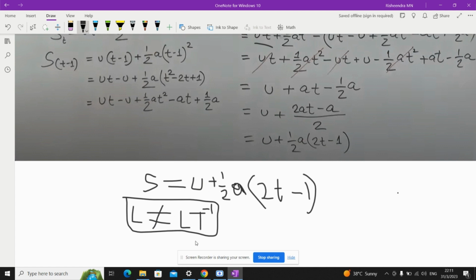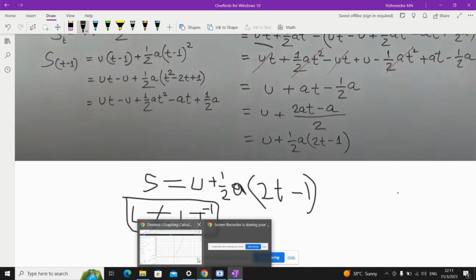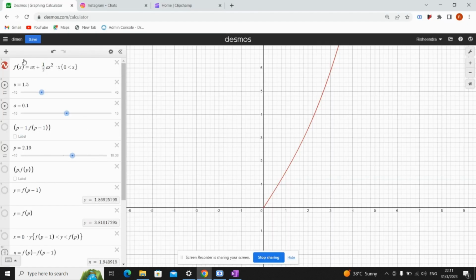To understand this, we first have to look at this graphically. I'm taking a distance versus time graph of a particle whose initial velocity u is taken as 1.5 and acceleration 0.1. You can change the values, but for simplicity I'm taking 0.1 as the acceleration.